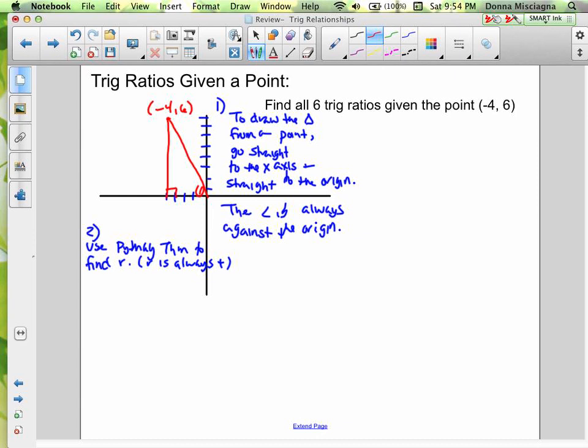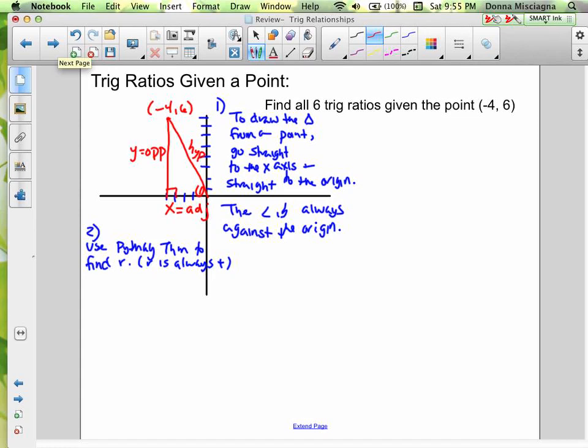Here's our angle. Always, on a coordinate plane, x is going to be the adjacent side, and y is always going to be the opposite side. And this, of course, is our hypotenuse, the segment that goes from the point to the origin.